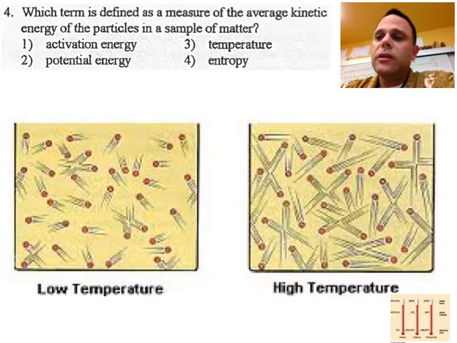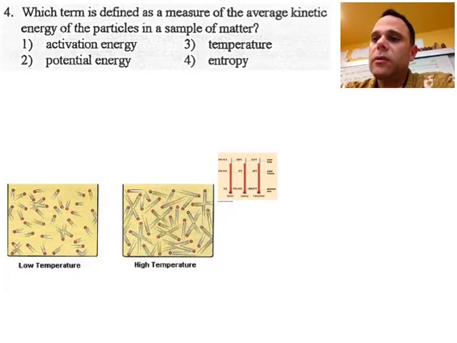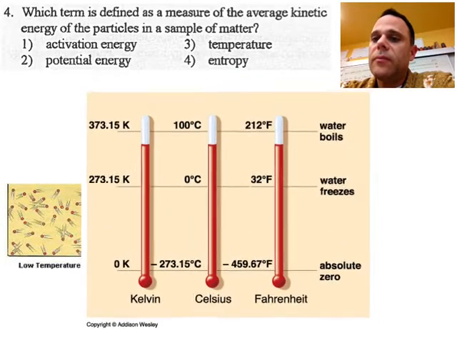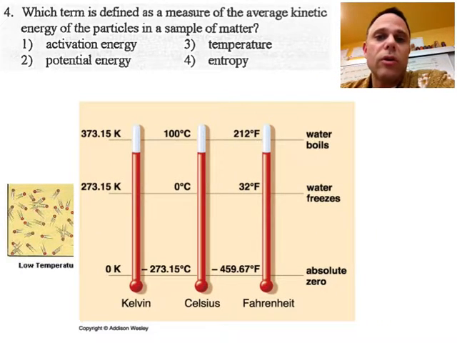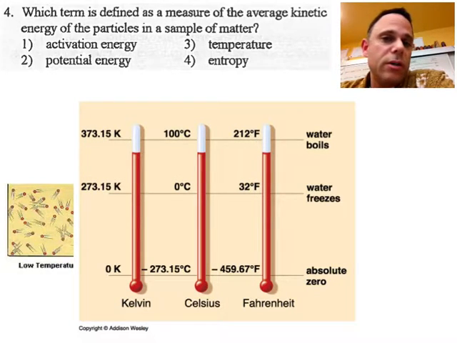So that actually then relates to this picture here. There we go. And here are our 3 different varieties of measuring temperature. Kelvin, which is the most common used in chemistry.